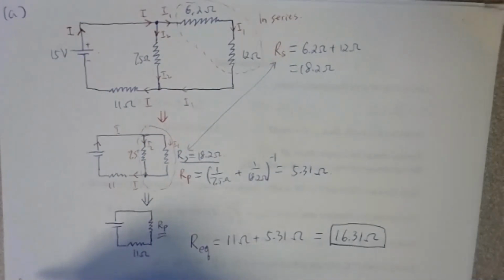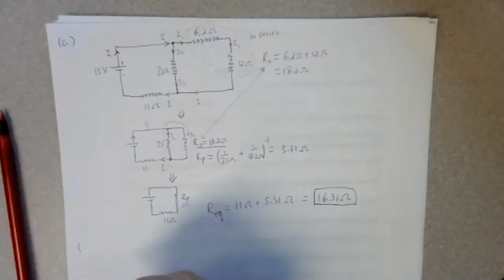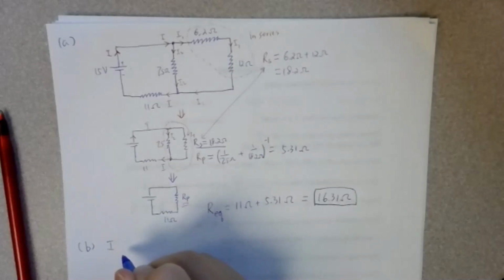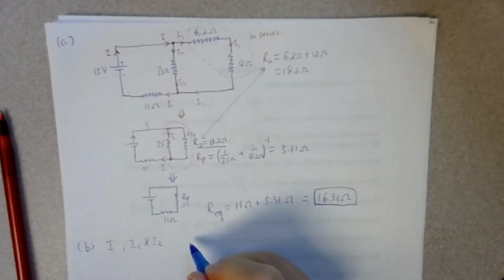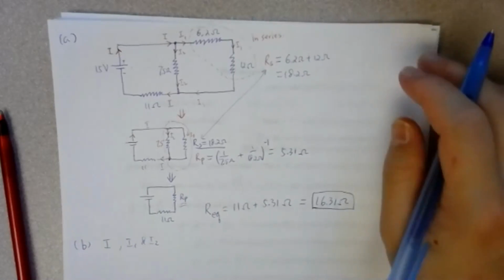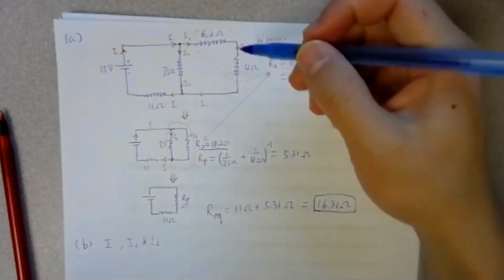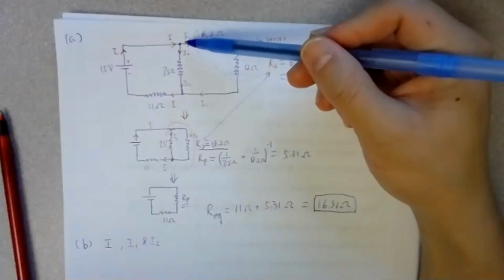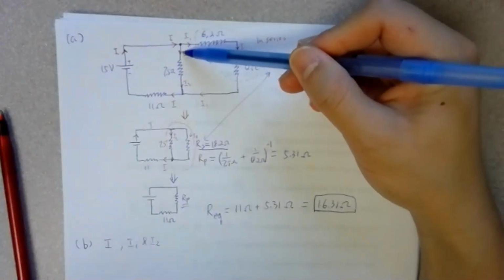So let's see here. We are looking for I1 and I2. You might have already figured out that I should be equal to I1 plus I2, right?